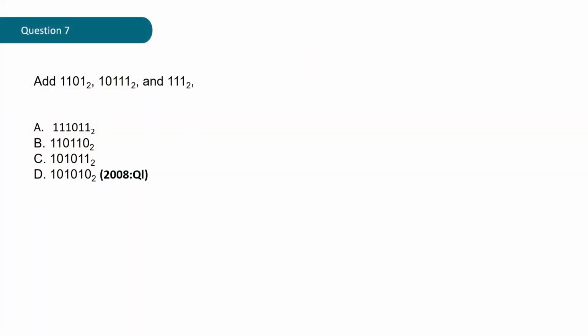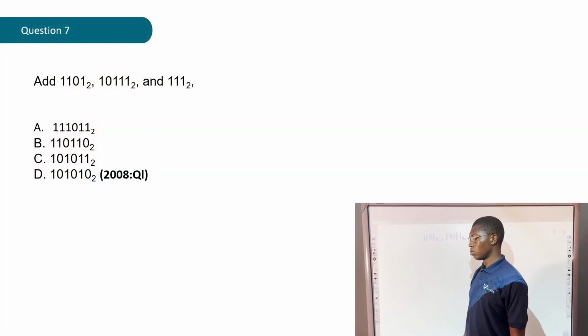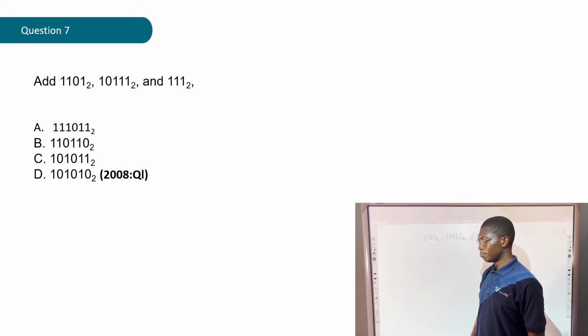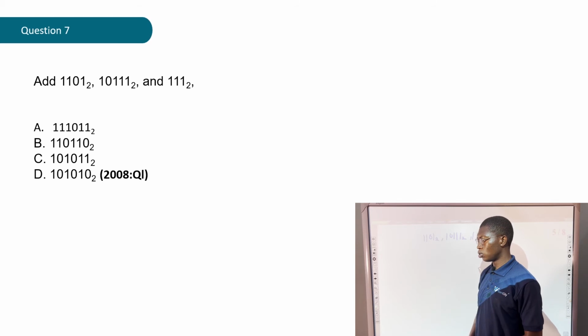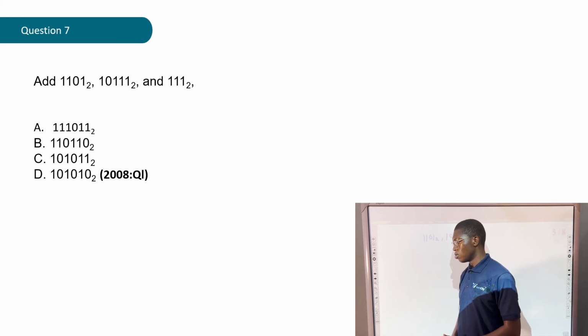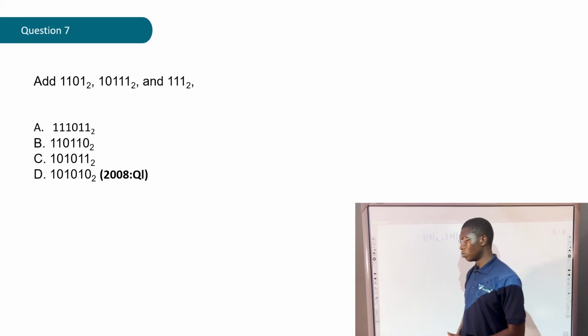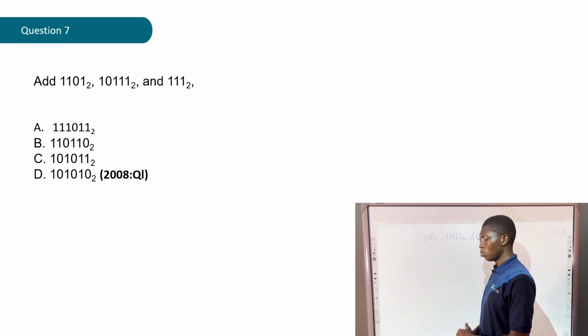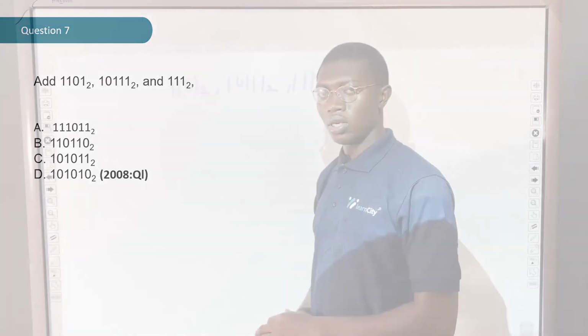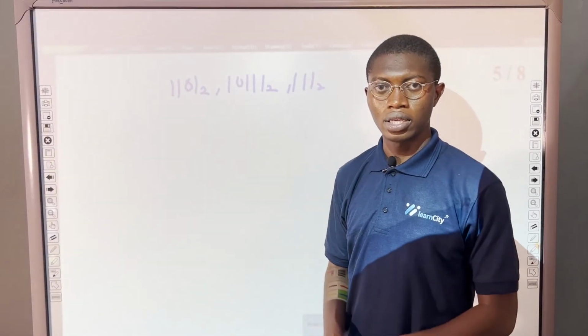Option A says 1 1 1 0 1 1 base 2. Option B says 1 1 0 1 1 0 base 2. Option C says 1 0 1 0 1 1 base 2. Option D says 1 0 1 0 1 0 base 2. Can we just give it a try?